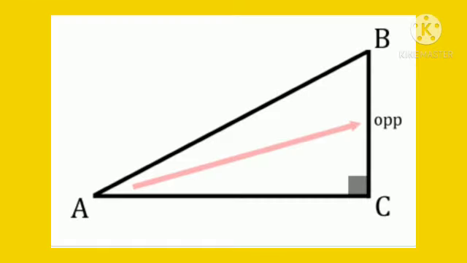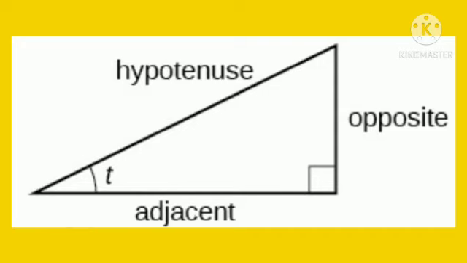For example, in the given figure, side BC is opposite to the angle A. Now, in this right-angled triangle, the side opposite to the right angle is the hypotenuse. Now, the side next to the angle T is the adjacent side, and the side in front of angle T is the opposite side.